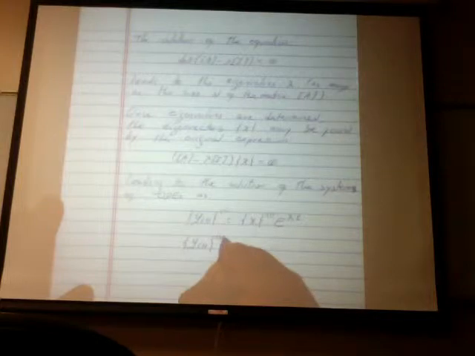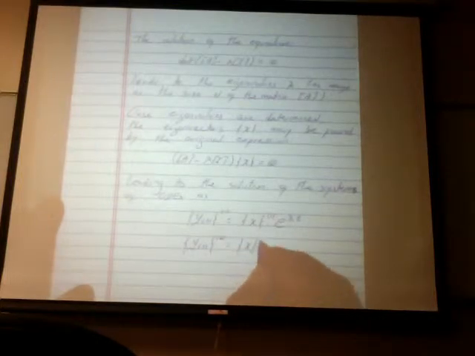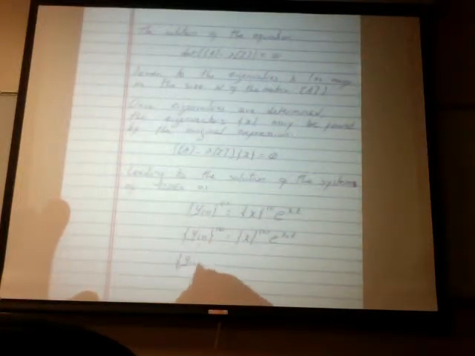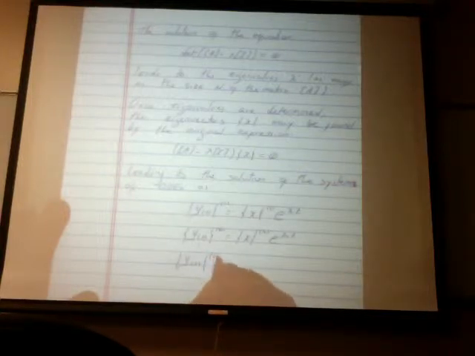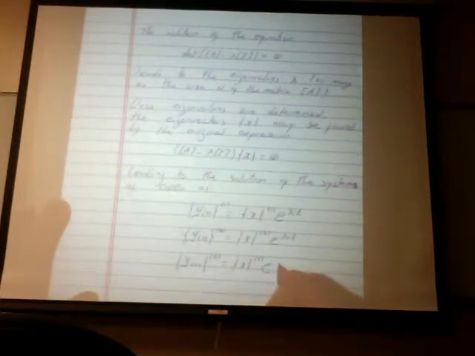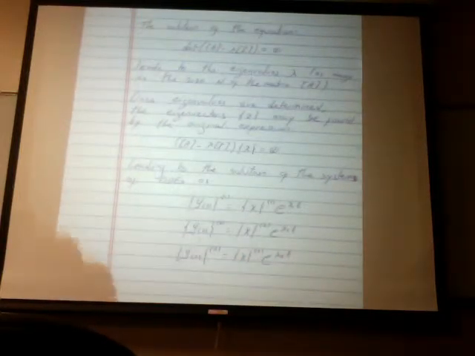There's one possible solution which is equal to x1 e to the lambda 1 t, x2 e to the lambda 2 t, and finally y of t n is equal to the nth eigenvector e to the nth eigenvalue to the power t.